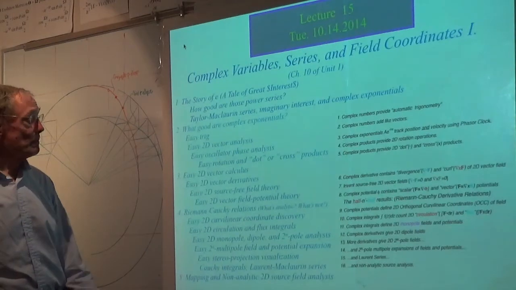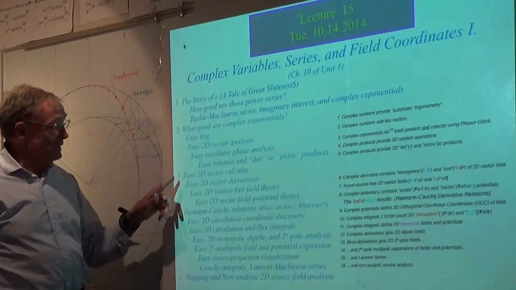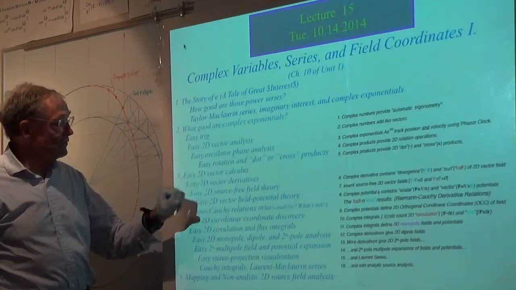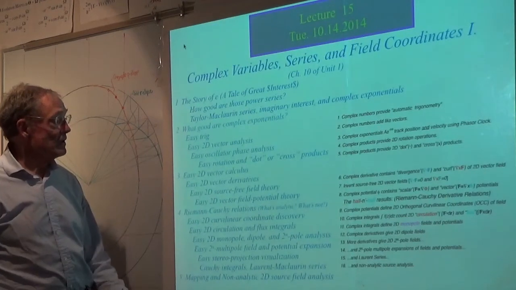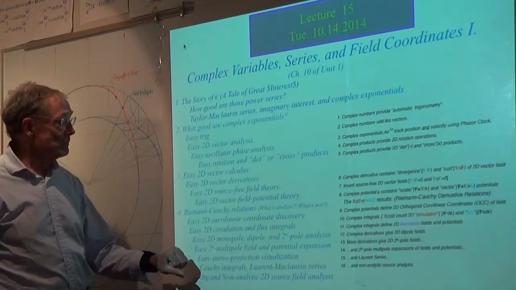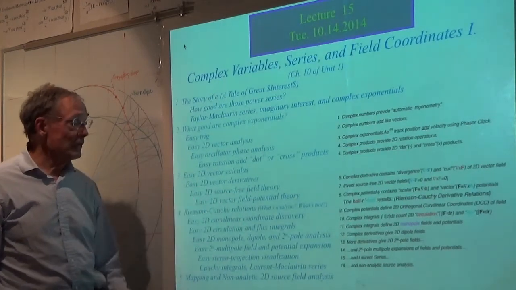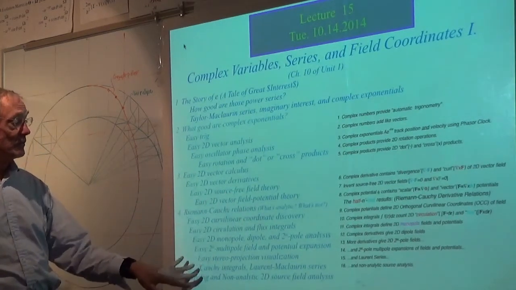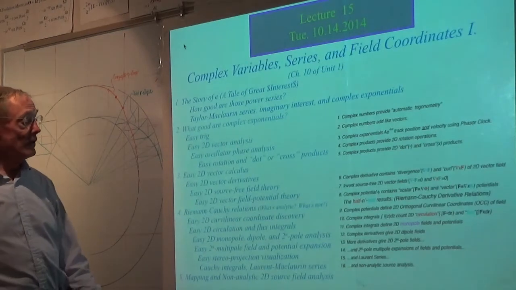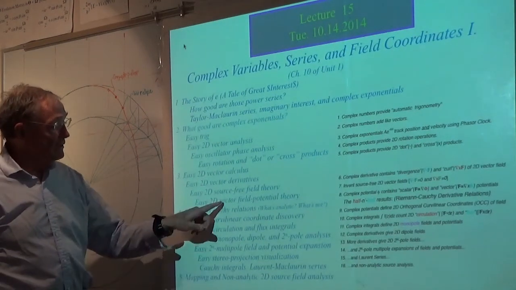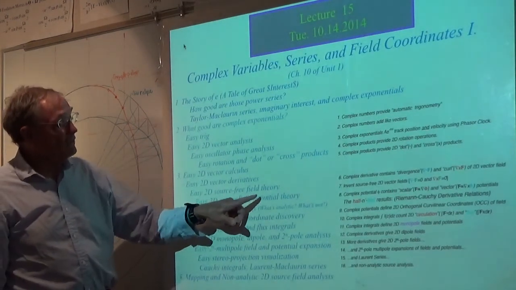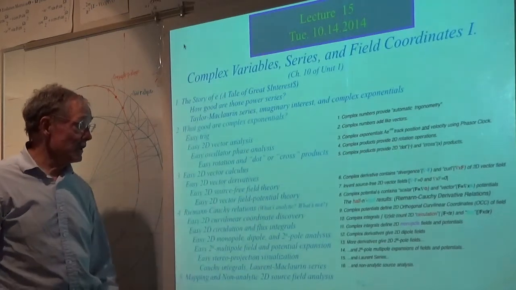complex variables. And finally, vector calculus in 2 dimensions, vector derivatives, the idea of source-free field theory, and then field theory that has sources, down here, and the idea of vector fields with potentials, both scalar and vector.